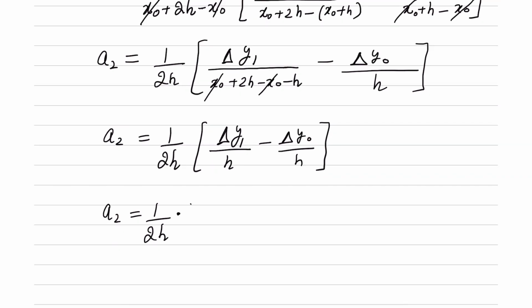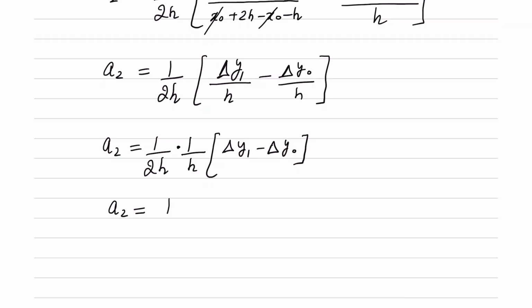So we are taking this 1 over h common out, and inside we have del y1 minus del y0. We can write a2 as 1 over 2h square.